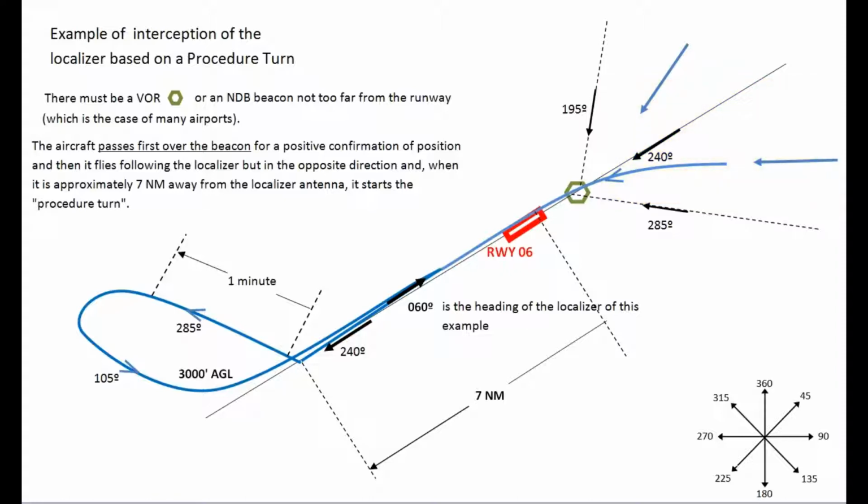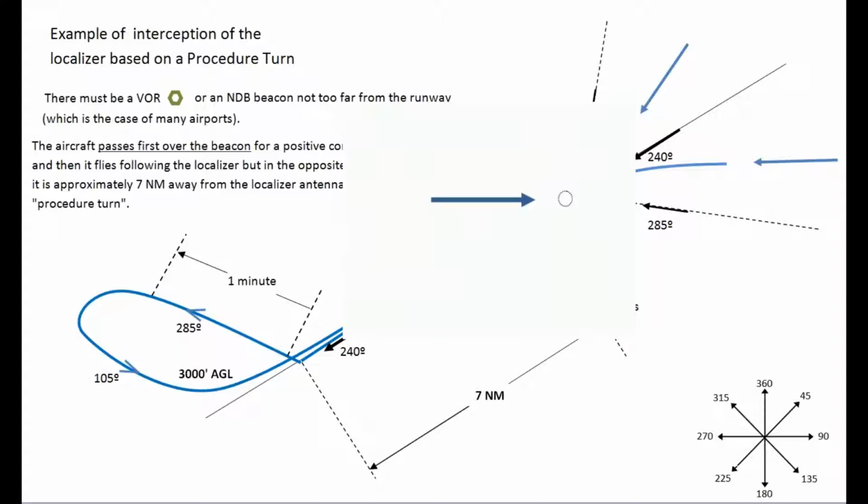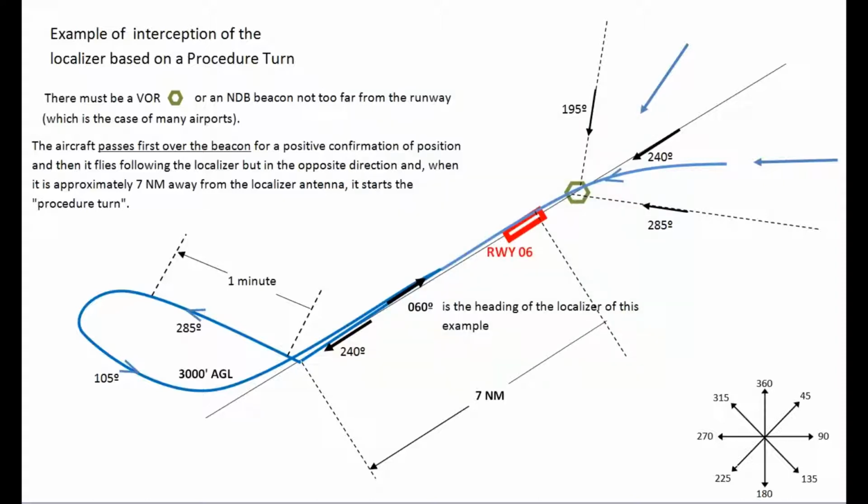In that case, you will only need to make a small turn or no turn at all to follow the localizer outbound until you reach the point where you must start the procedure turn. If your route is such that you arrive to the beacon with other headings, you should better perform another type of simplified approach, like one based on a racetrack that I will try to show you in another video.